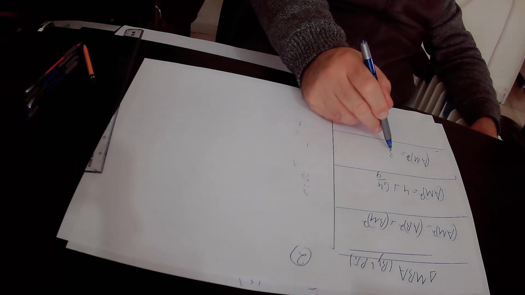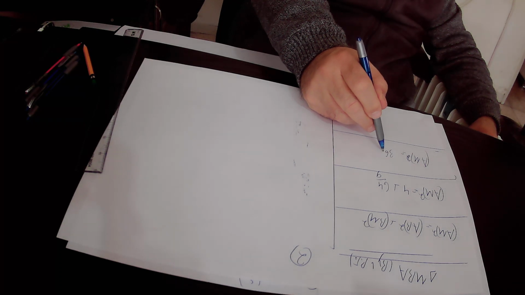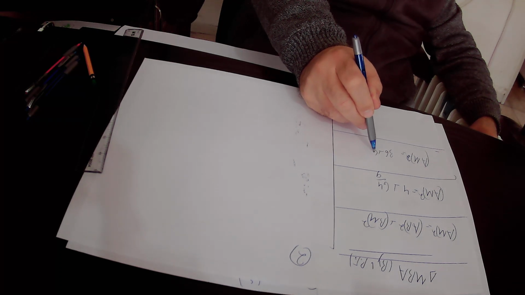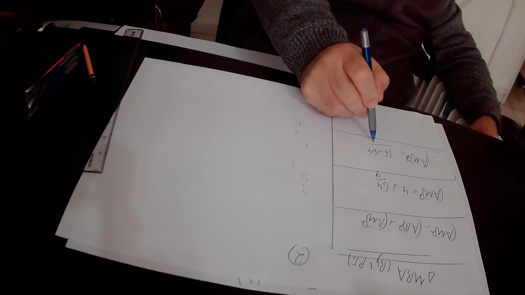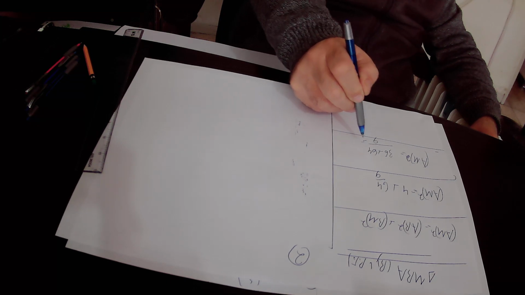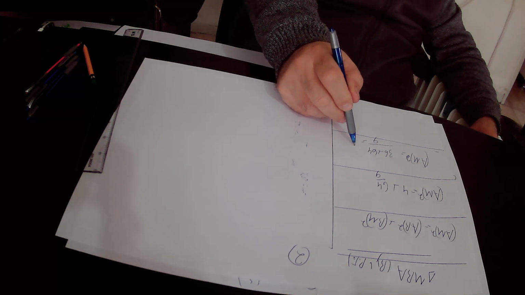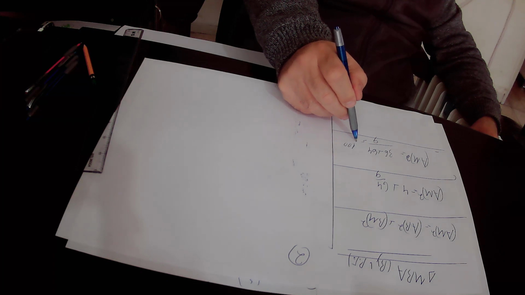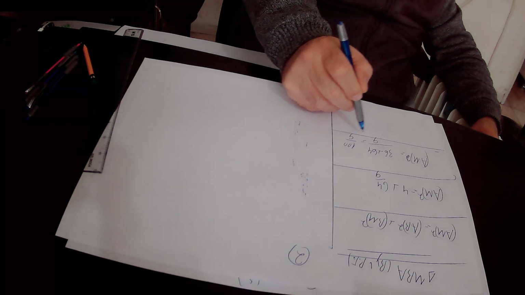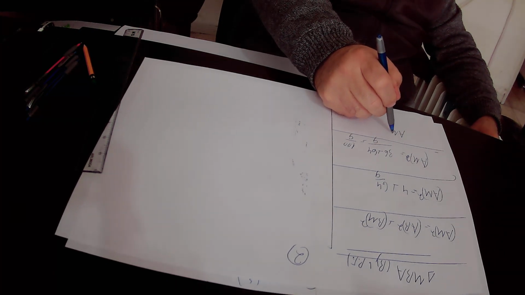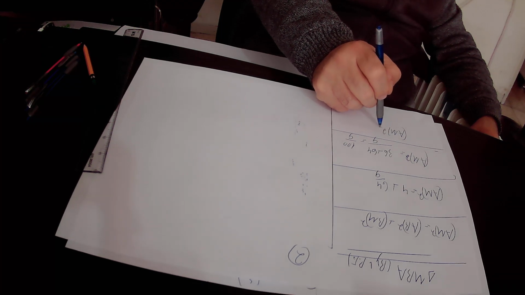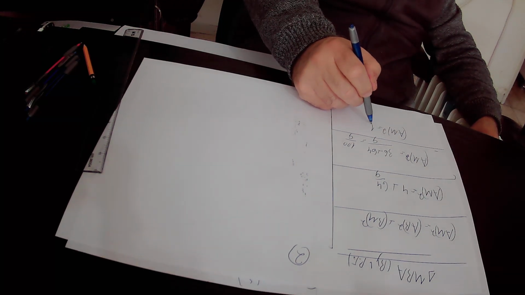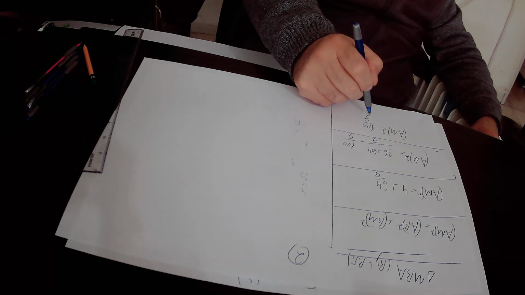In total, in the numerator of this expression, we will have 36 plus 64 divided by 9. 36 plus 64 is 100, and we have to divide it by 9. So AM square equals 100 over 9.